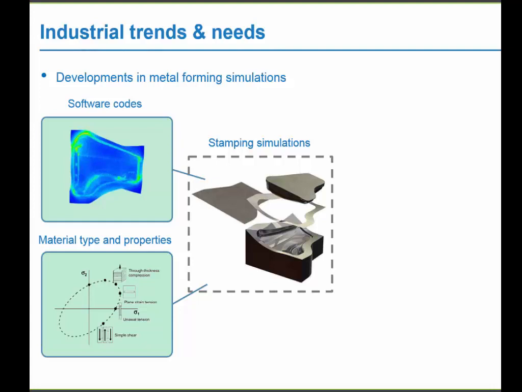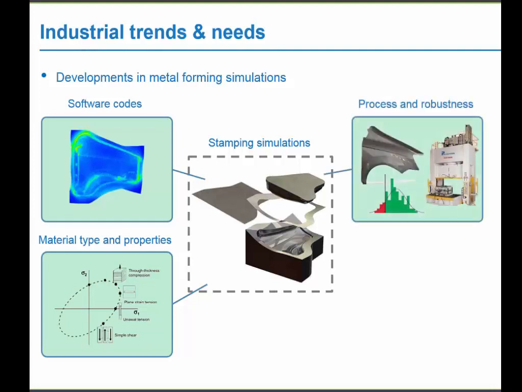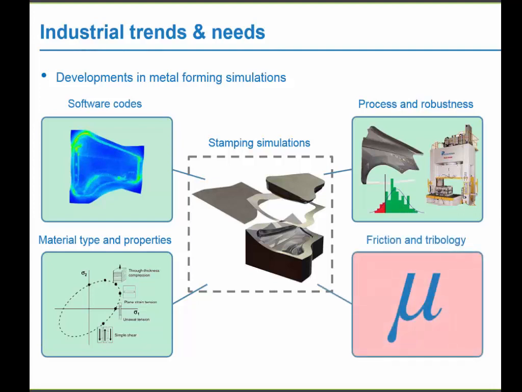In the past years a lot of material models have been developed to describe material behavior very accurately. Also on process and robustness, we see more and more developments going on. But what we do not see is a lot of developments in the field of friction and tribology.